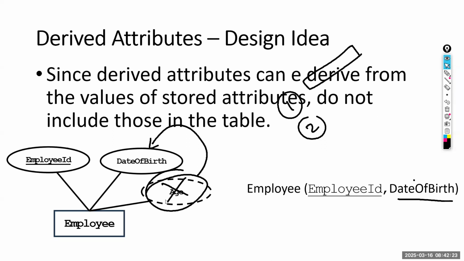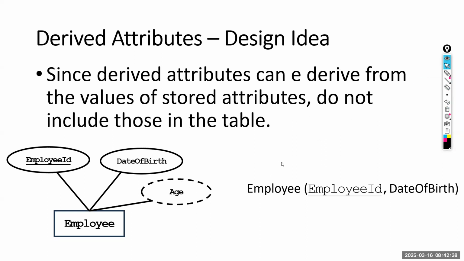So therefore, keeping age is asking for trouble. The best thing is keep the date of birth and then derive it. Right. So what is the design idea? Don't allocate a field for the derived attributes, only for the main attributes, because derived attribute values we can calculate.